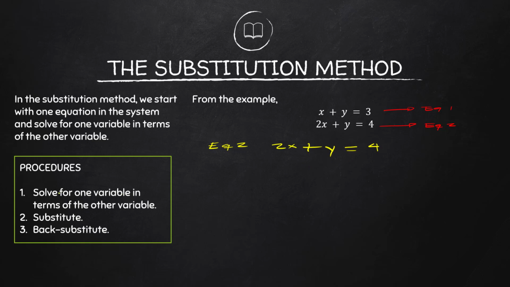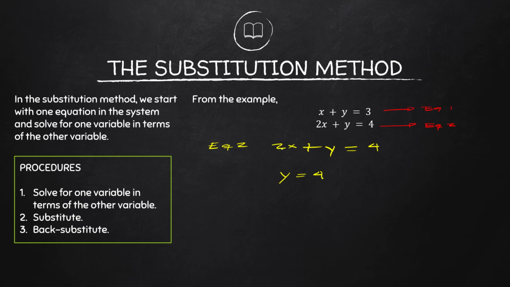The first step in the substitution method is to solve for one variable in terms of the other variable. Let's try to solve for y in terms of the value of x. Let us transpose 2x to the other side, leaving us with y on the left side equal to 4 minus 2x.